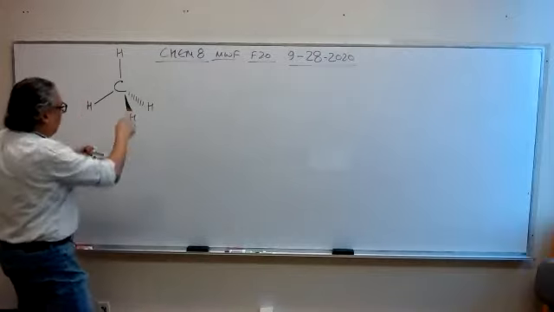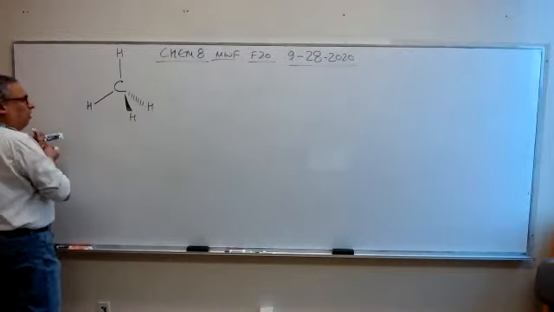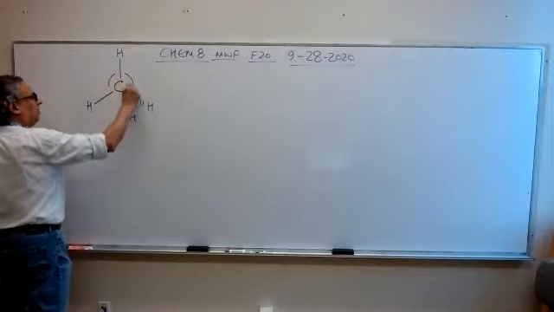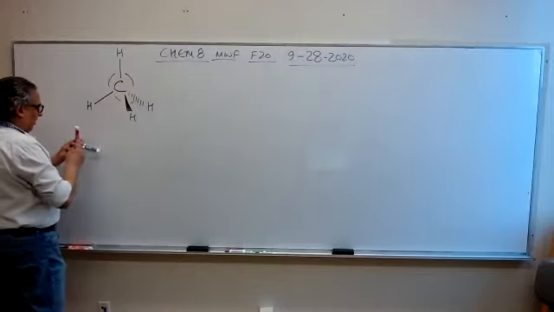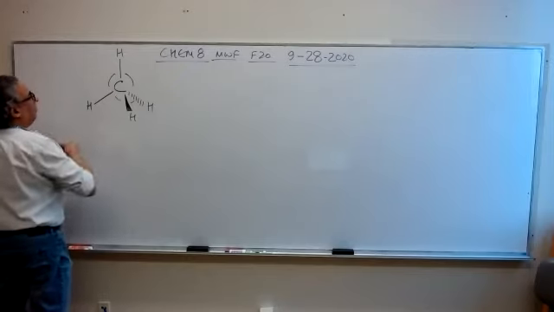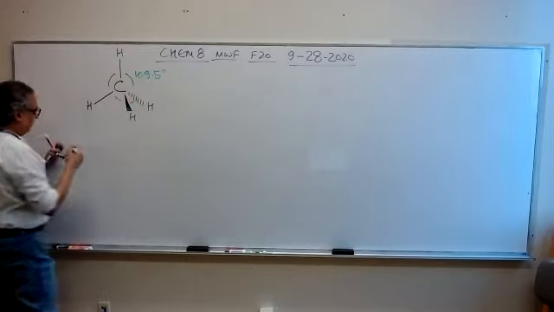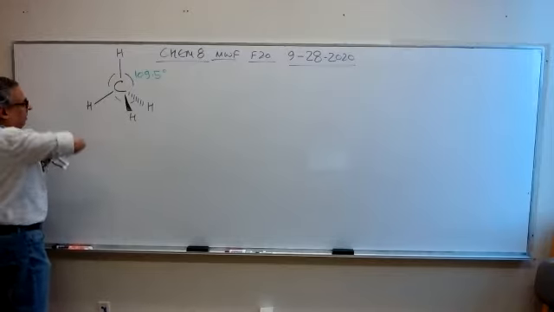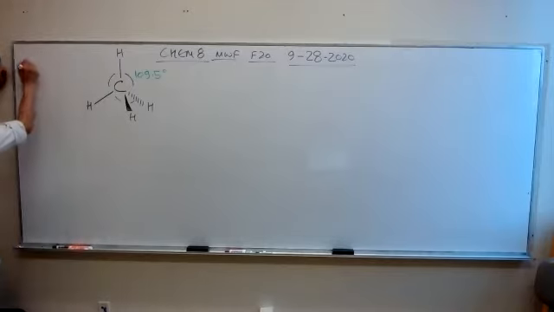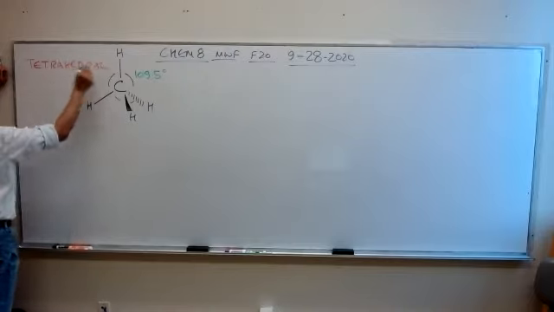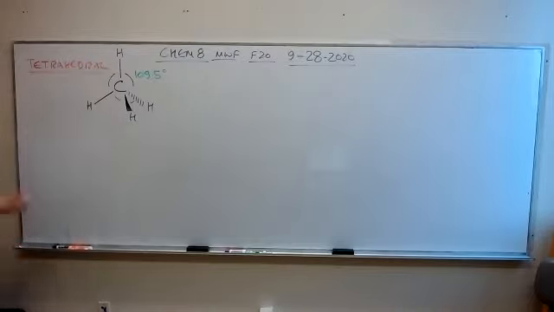And this carbon, because all the bonds are identical length and all the angles are the same angle, 109.5 degrees, this arrangement is called tetrahedral. Tetrahedral arrangement, which I showed you in the cube.